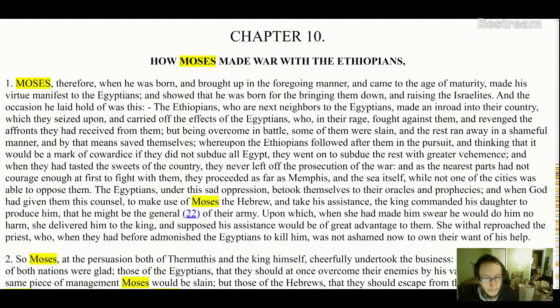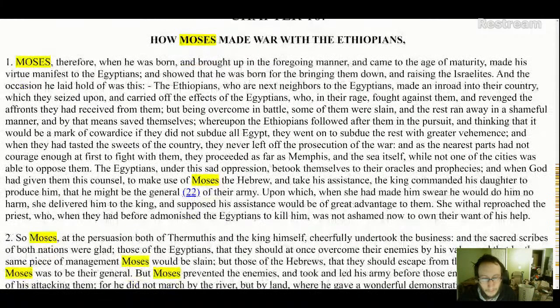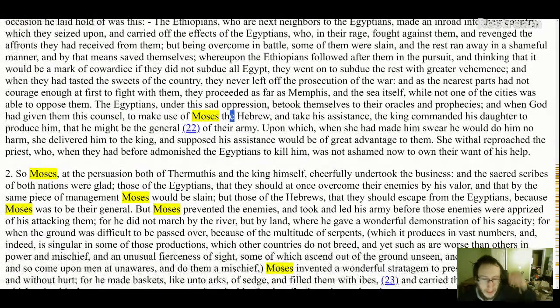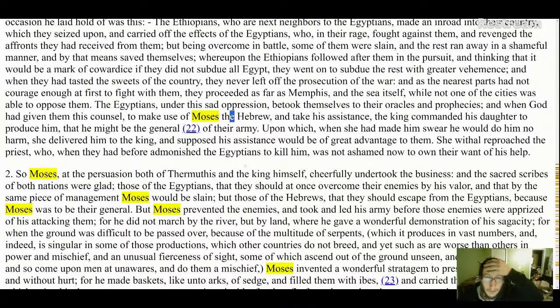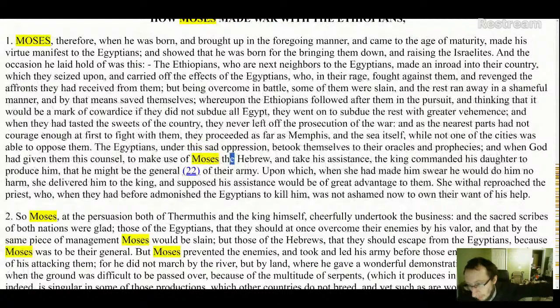The Egyptians made use of Moses, and the hope was that Moses would die. Basically they said, well, we'll have Moses fight in the war, and perhaps he will die in the war, and we'll solve the problem.